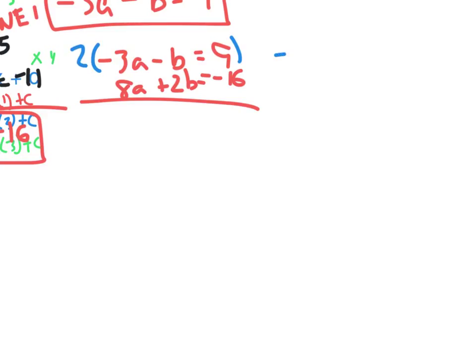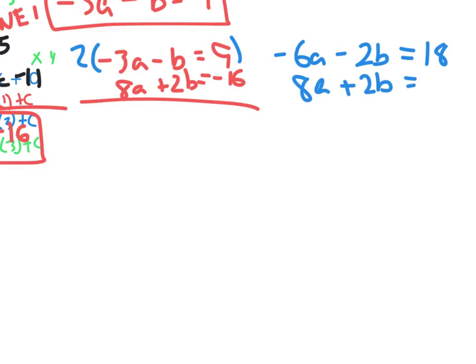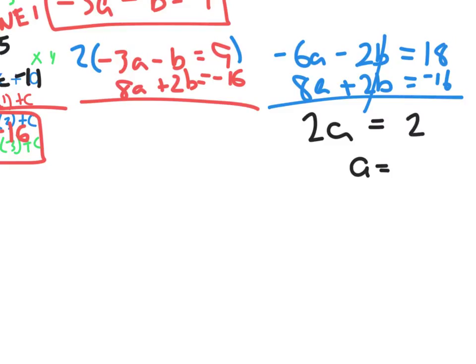And I want to end up with a negative 6a minus 2b and 18. The bottom equation's 8a plus 2b equals negative 16. If I combine them, the b's cancel. I end up with 2a equals 2, which means that a equals 1.